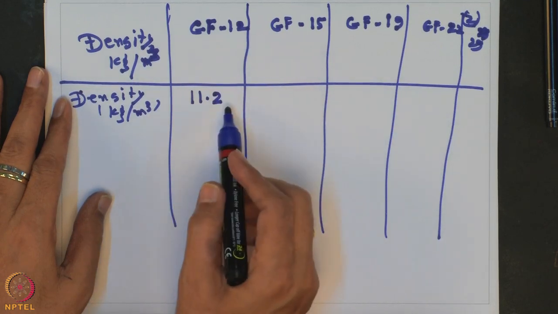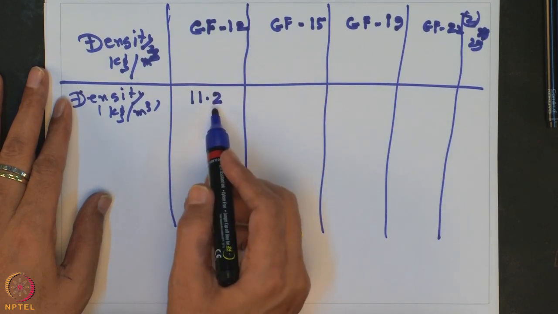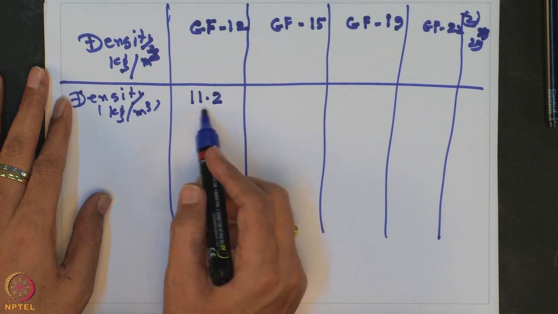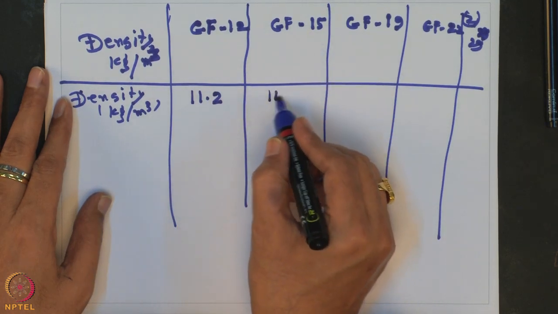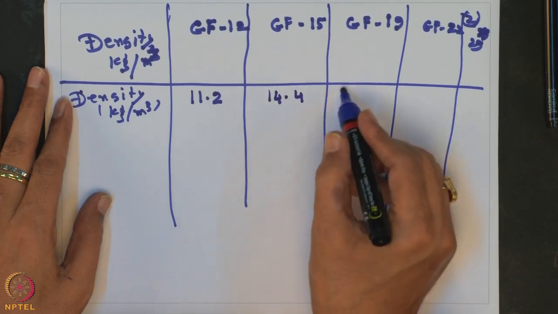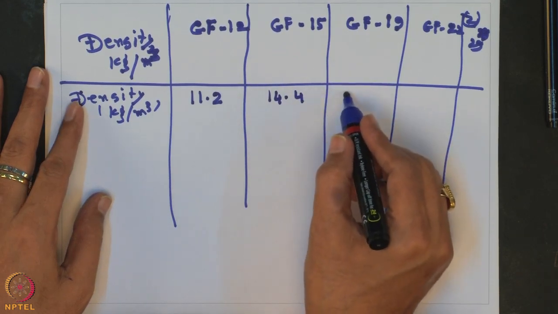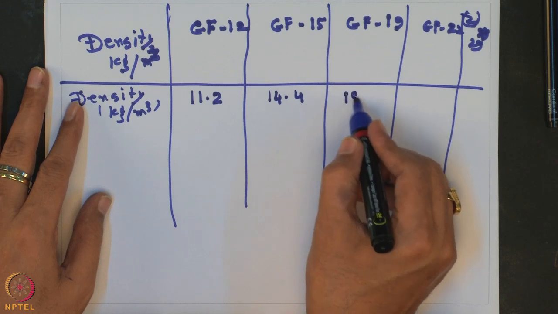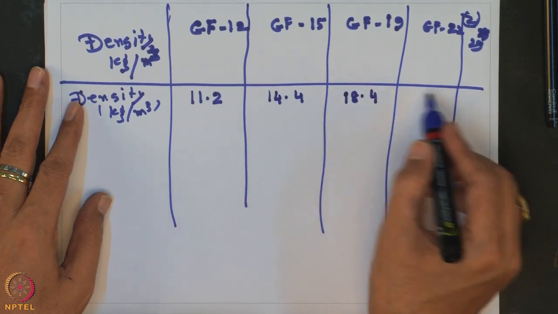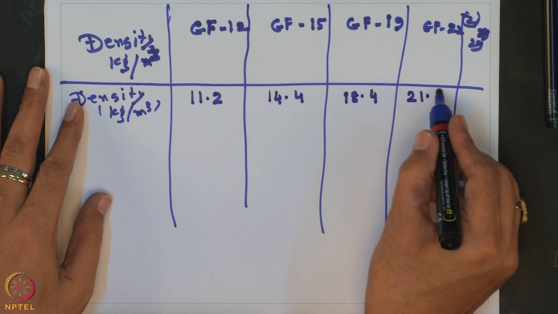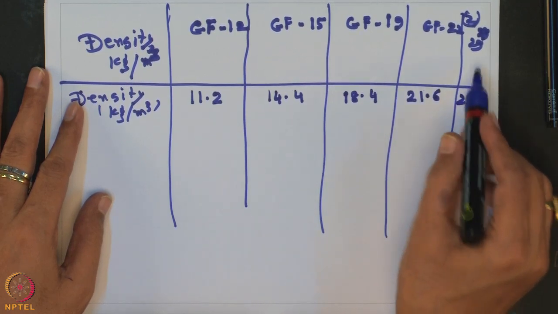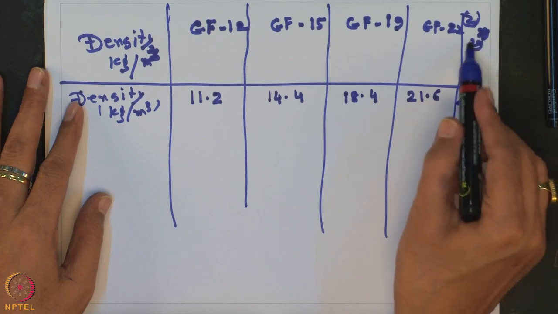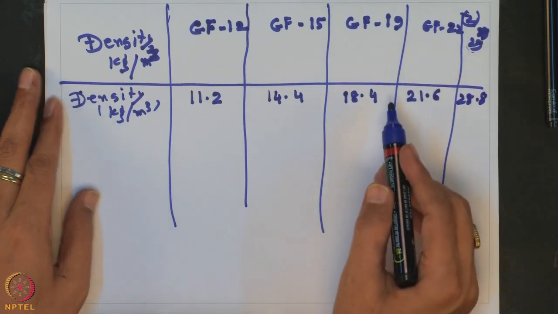So, if you perform the test, this value may be 11.2, this value 14.4, and this value will be 18.4, this value is 21.6, and this is 28.8, when the EPS geofoam GF is 29.